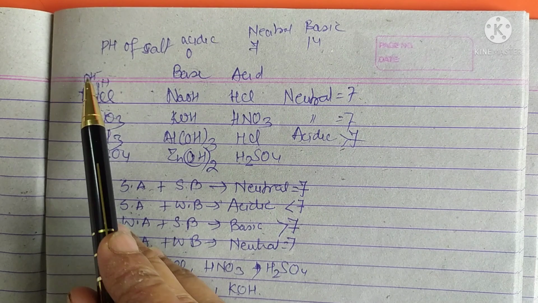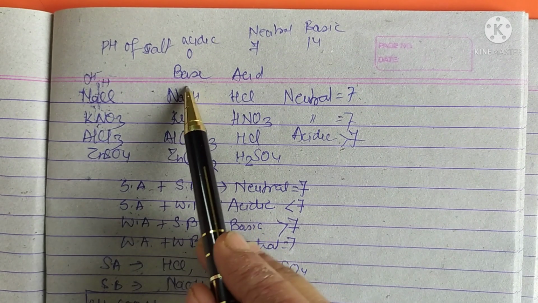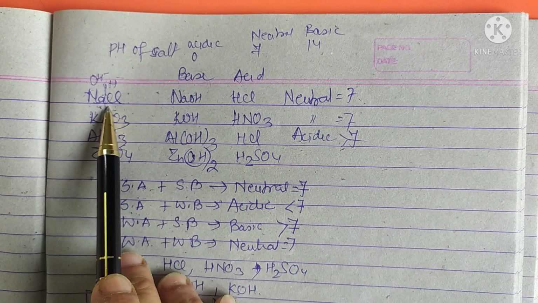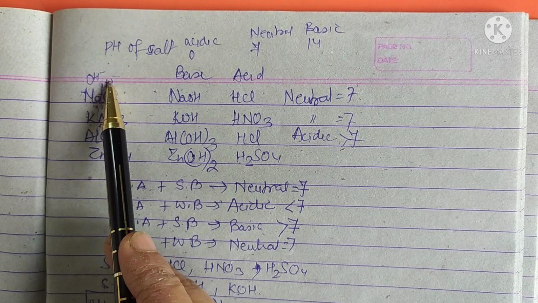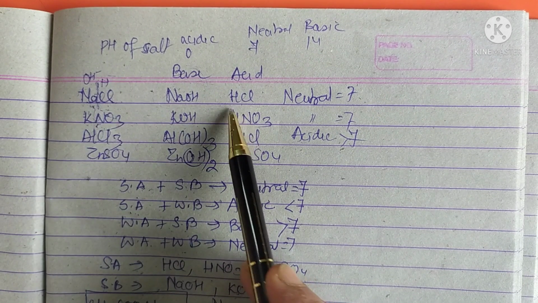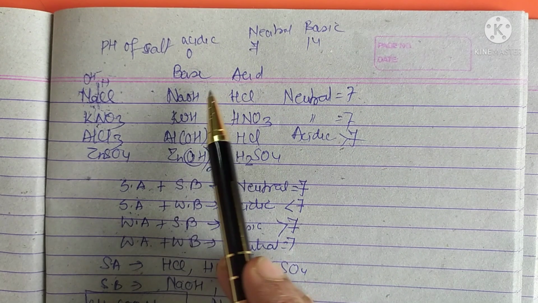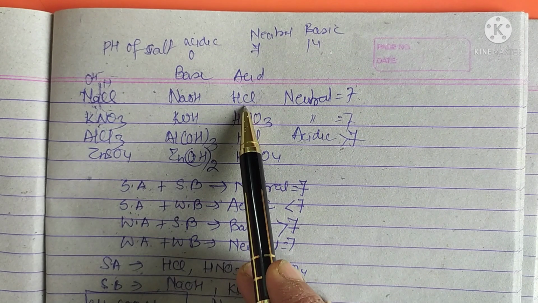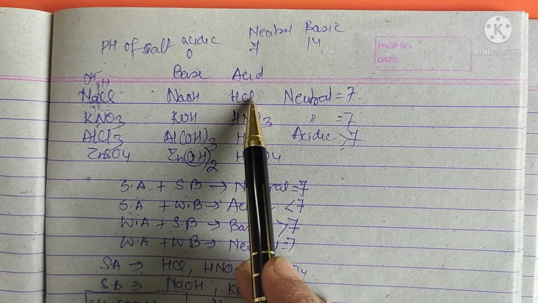So to Na+, if we add OH, the formula becomes NaOH, and this is the base from which sodium chloride is obtained. And for the acid, by adding H+ before the chloride ion, we can get the formula of the acid from which this salt is made. So this is the base and this is the acid from which the salt is obtained.